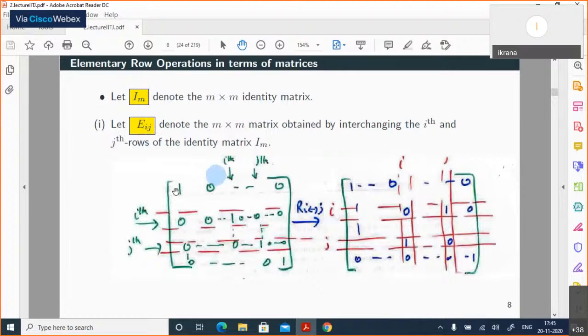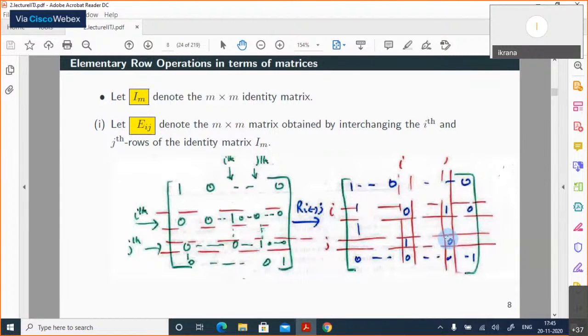So this is the identity matrix on the left hand side. This is the ith row, ith column, that is 1. Jth row, jth column, that is 1. On that, Ri operated with Rj, so this 0 will go up and this 1 will come down, and this 1 will go up and that 0 will come down. So in this place it will be 0, in this place it will be 1, in this place 1, and in that place 0.